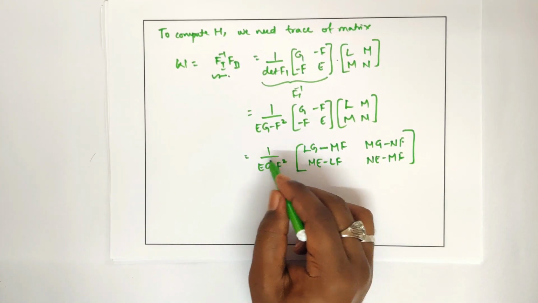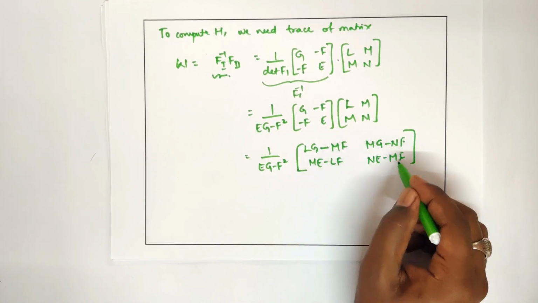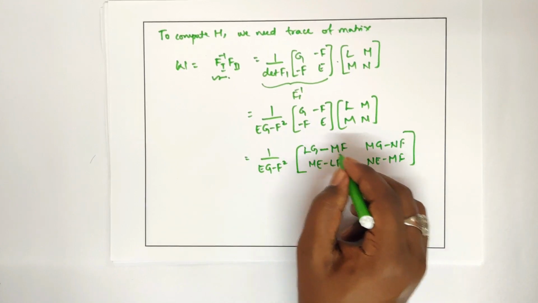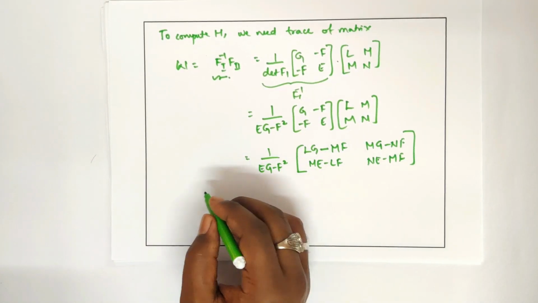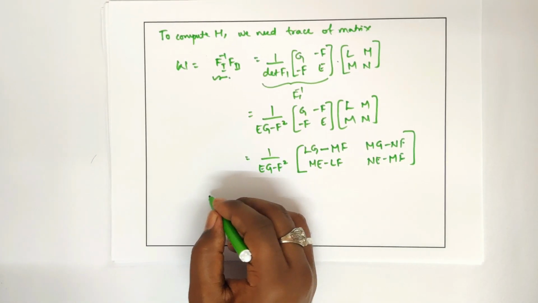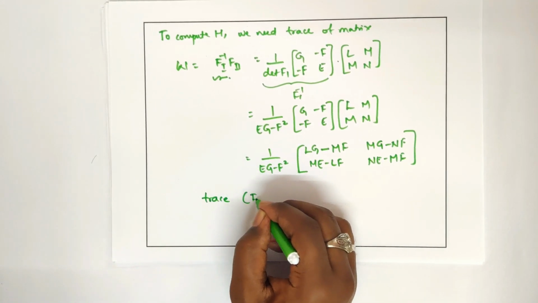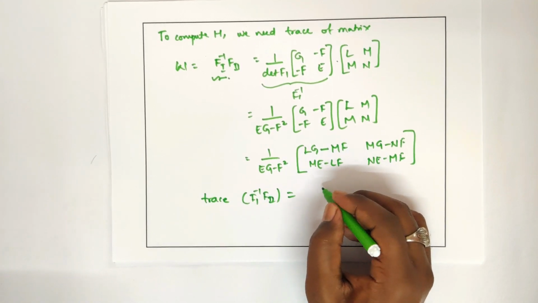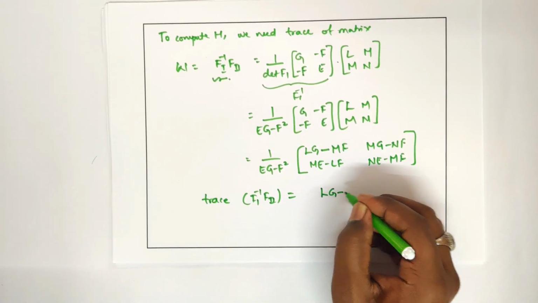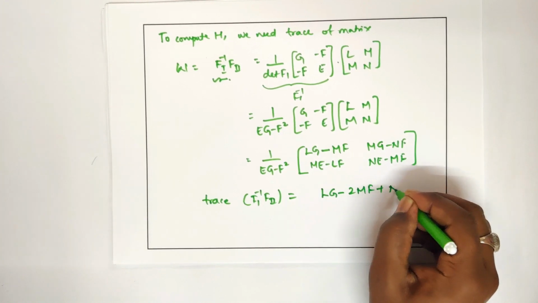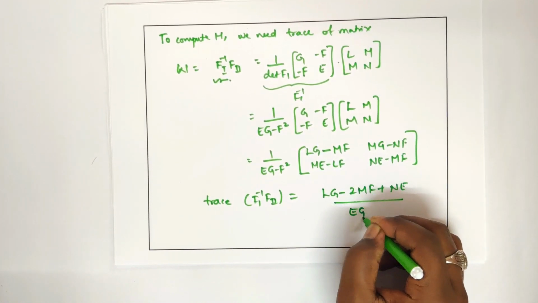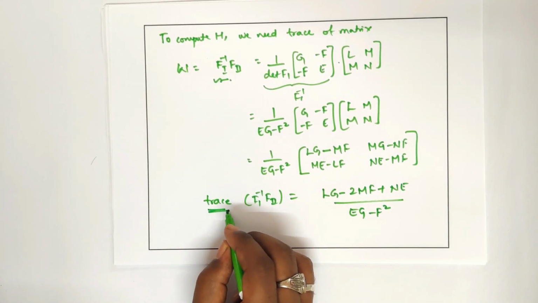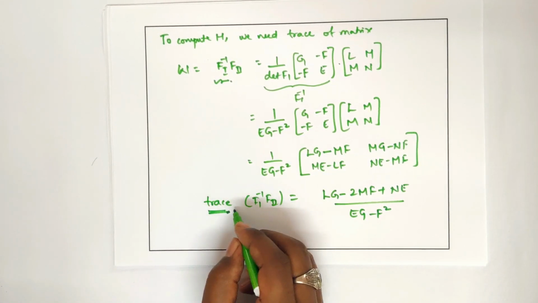So here our matrix got simplified because we just introduced this element inside. The denominator part will be there for every element, and the trace of the matrix is the sum of the diagonals. So directly let me write the trace of F1 inverse times F2 is nothing but the sum of the diagonal elements, where we get Lg minus 2mf plus Ne divided by, this is common for all the elements, Eg minus f square. We got only the trace, but remember our mean curvature was half of the trace.